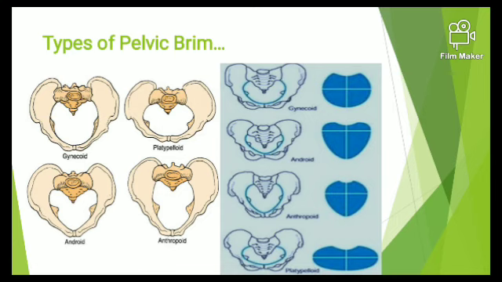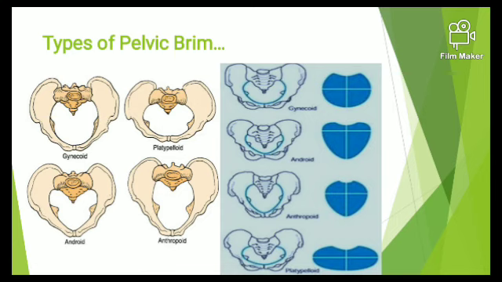Let's have a brief discussion. If you have a gynecoid type of pelvis, all the dimensions will be perfect for you, and it is slightly rounded in shape. This is the best pelvic brim, which will allow the normal process of delivery.